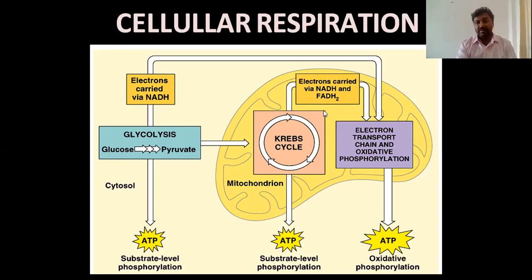These NADH and FADH2 enter into the mitochondria, where they are involved in oxidative phosphorylation. They transport the electrons through the electron transport chain. Electron transport and oxidative phosphorylation take place in the inner membrane of the mitochondria. That's why it is called oxidative phosphorylation. This is the overall mechanism of substrate level phosphorylation and oxidative phosphorylation.